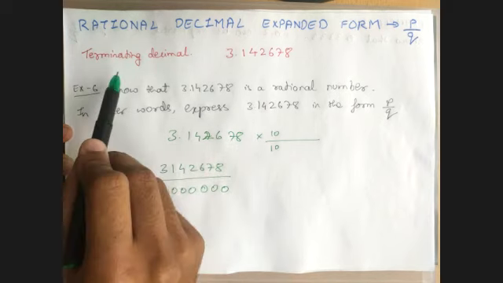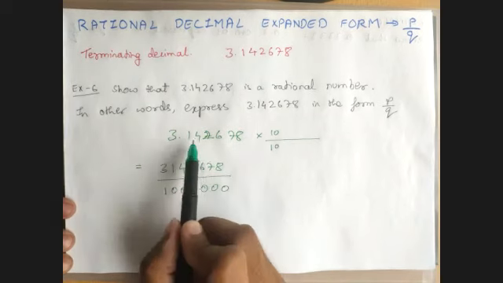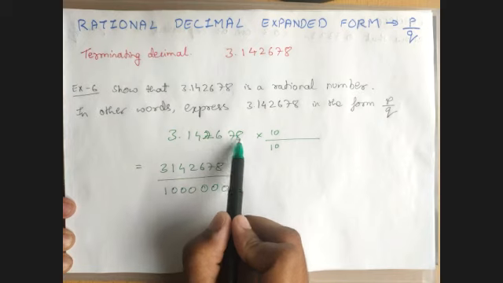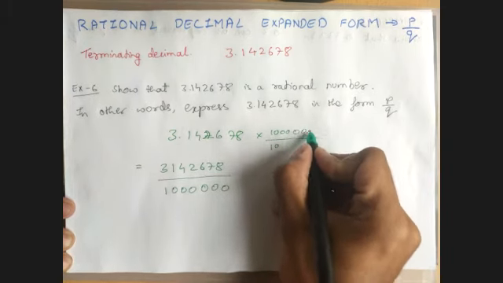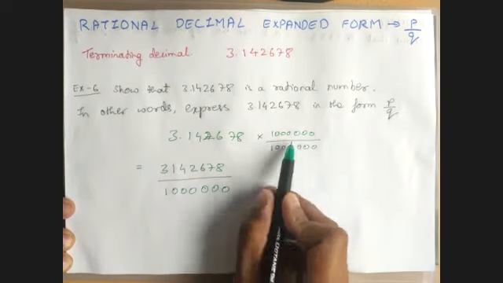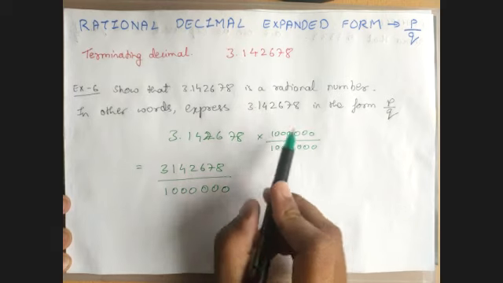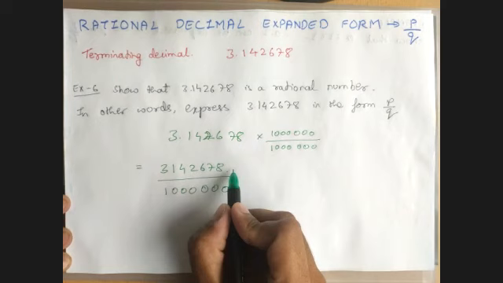So this is a terminating decimal, so I can move it by known numbers. 1, 2, 3, 4, 5, 6. So I can move this by 6 decimal places, so I am adding 6 zeros. I'm multiplying and dividing with the same number. So when I multiply this with the same number, all the decimal goes to the right.